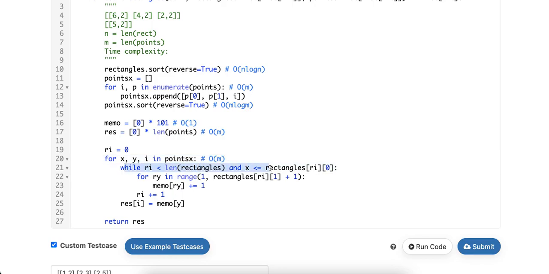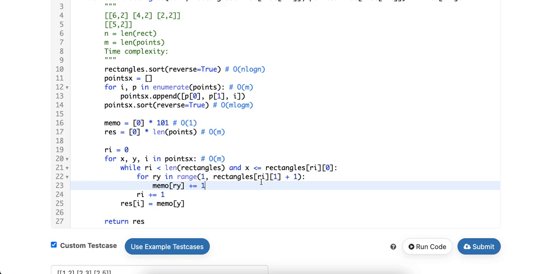There is an inner loop. Well, for this inner loop, it will always be just 1. Why is it just 1? No, it's not just 1.